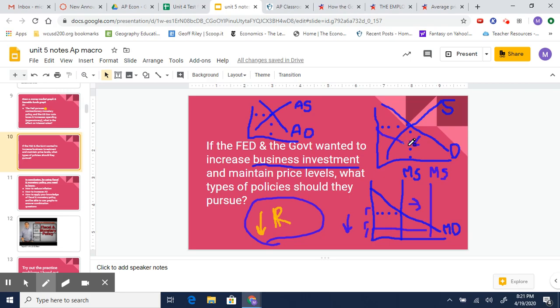They're going to cut back on the level of spending. There's your interest rate, and now your interest rate is lower. So, in summary, the federal government should pursue contractionary fiscal policy. They should demand less loans. They should cut back on the amount of money they're spending, while the Fed should increase the money supply, increase the amount of money that's being pumped into the economy. Okay?